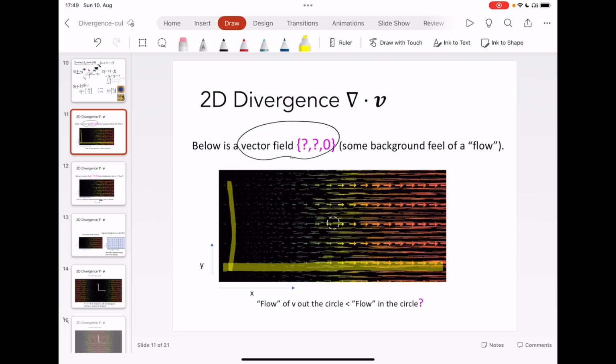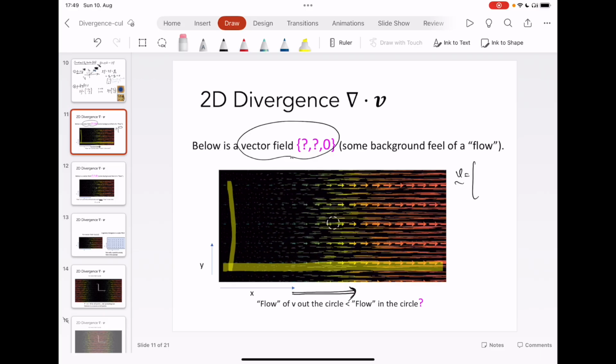So if I were to guess this vector field, is it a function of y? No. Is it a function of x? Yes. So there is a non-zero x component to the flow field, so the first term will be non-zero, and it seems to be some increasing function of x.